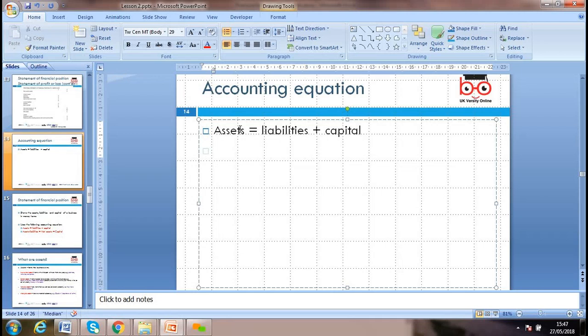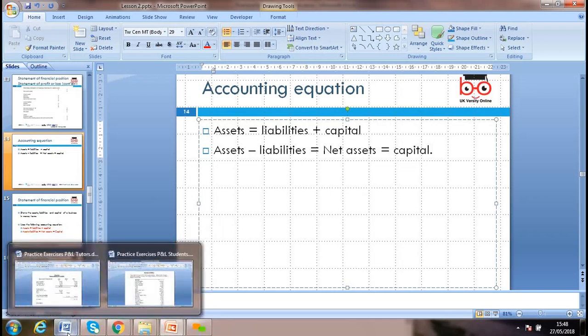So if I do assets minus liabilities, this becomes equal to net asset, and net asset is equal to capital. Okay. Any question?